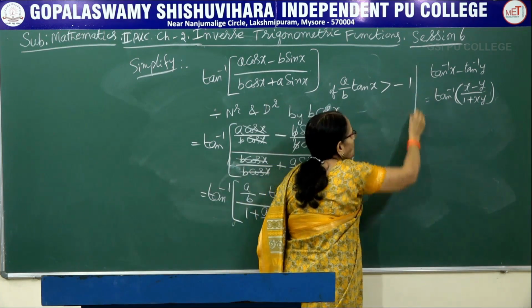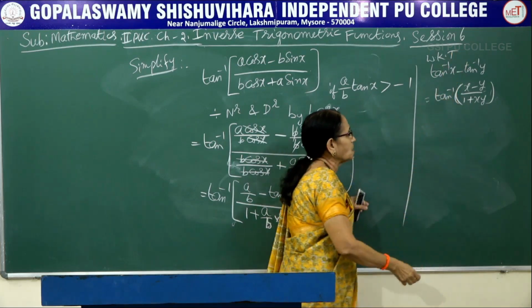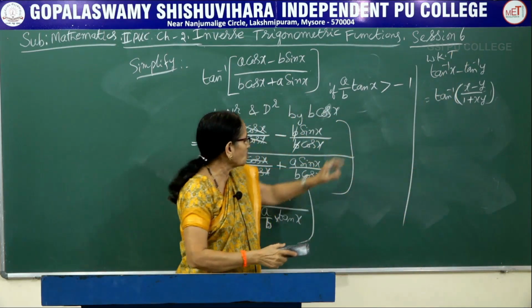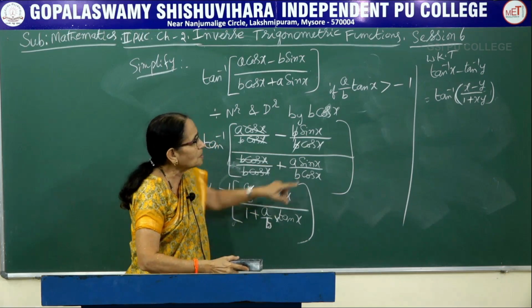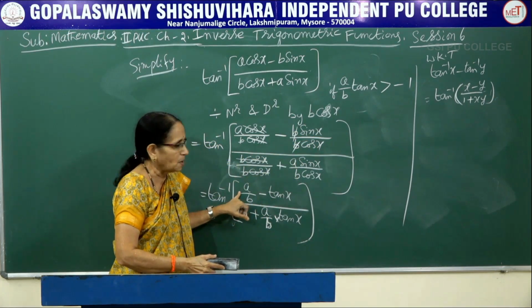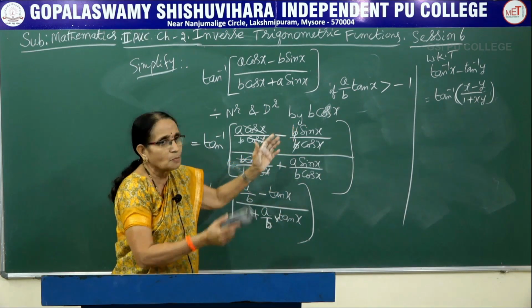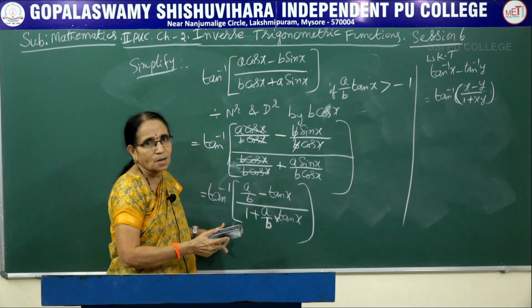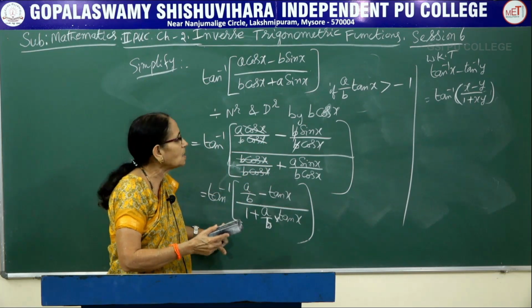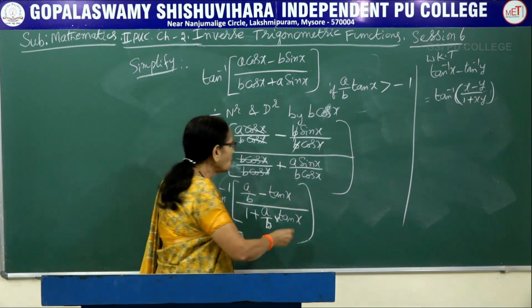So we know this property, isn't it? We have proved this one in the fourth set of properties. Now look at the function here on the right hand side. It resembles the right hand side of the result. Instead of x I have a by b, instead of y I have tan x. So I can use the result backwards. When the right hand side is given, you can express it in the form of the left hand side. That is, this is the first term, this is the second term. How do you write that?